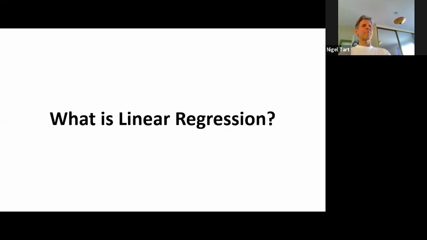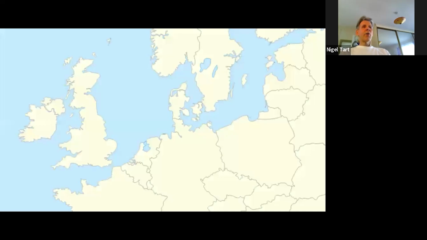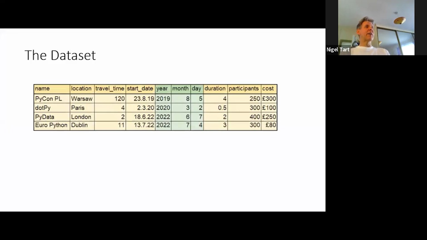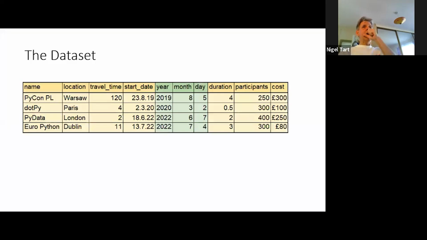So we'll see if we can make a prediction. So I went to a conference in Poland, Paris, London, and Dublin. I like to tie it in with a bit of a holiday. And the data set I came up with, well, I got some data about, objectively, about the actual conference.